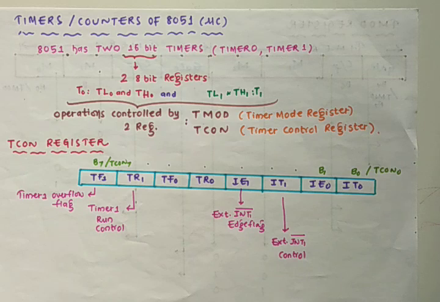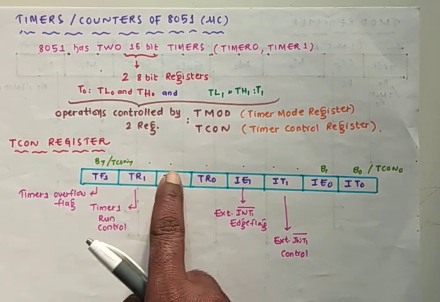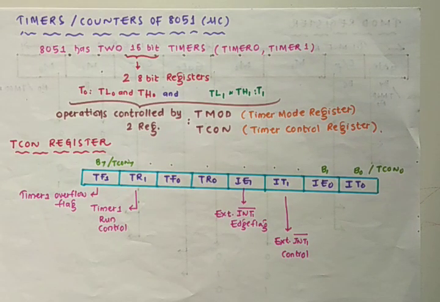This higher nibble is reserved for the control bits and flag bits for the timers.